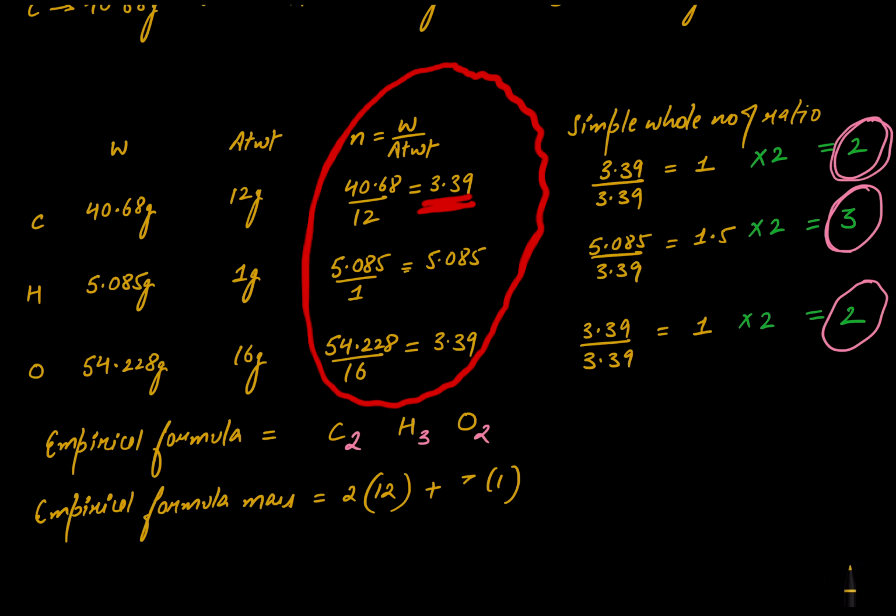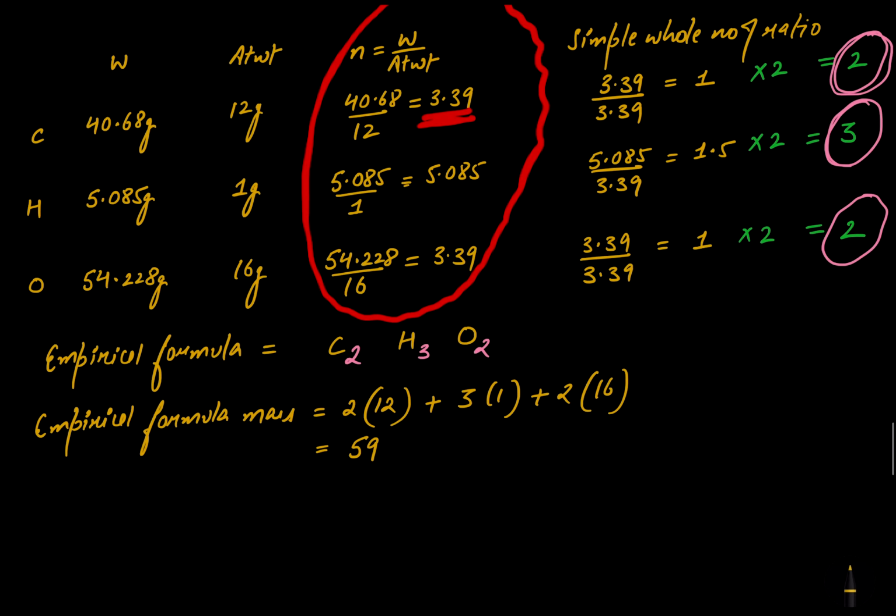How many hydrogens are there? It's 3. What's the atomic mass of oxygen? It's 16. How many oxygens are there? It's 2. And it comes out to be 59. So I got the empirical formula and empirical formula mass.